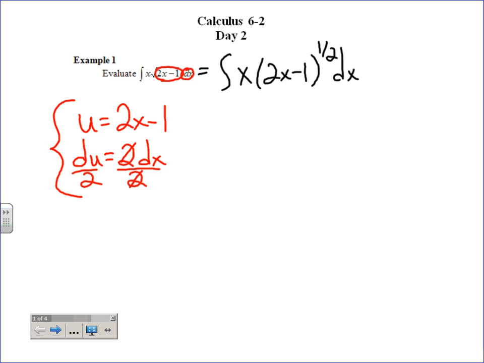Where do you see an x? Yes, the 2 on top. So we're going to solve that for x. What's the first thing you're going to want to do? Add 1, so u plus 1 would equal 2x, right? Then you would just divide by 2 to get x. Is everybody okay with that?